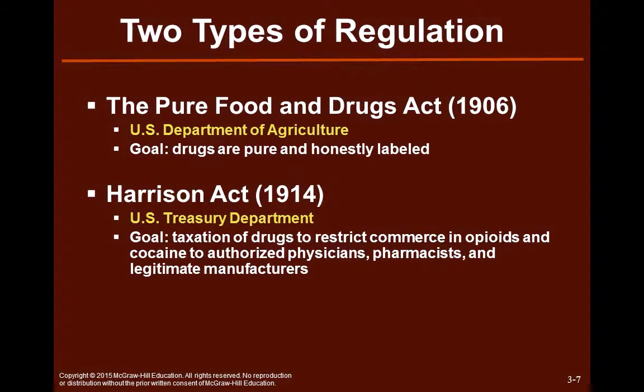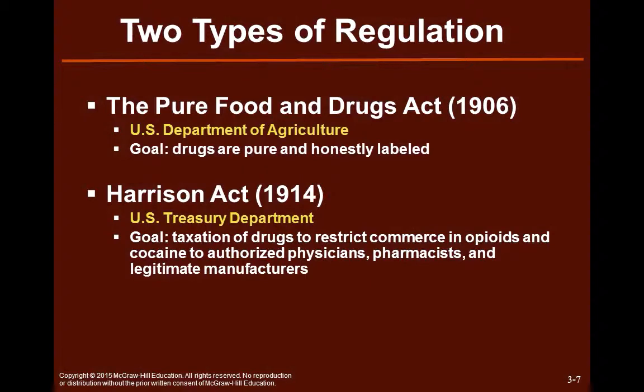Okay, so that's our summary of some of our early attempts to make certain drugs illicit here in the United States through legal action. When we look at legal action on the federal level, one of the first bills that we see is the Pure Food and Drug Act of 1906. So this was actually about those patent medicines that we discussed.